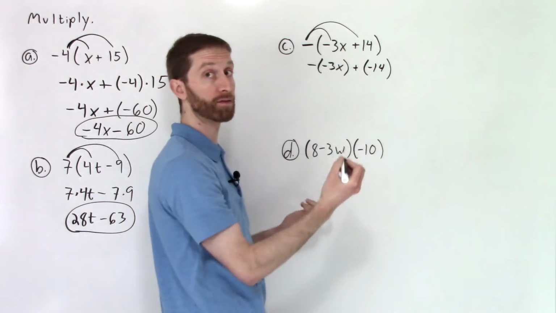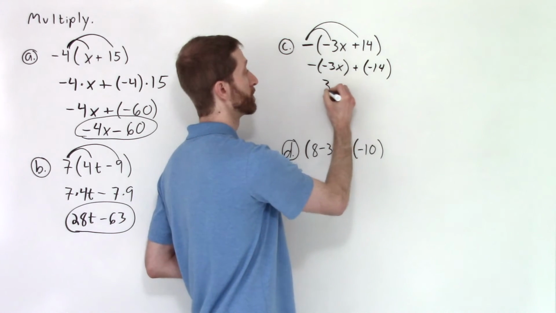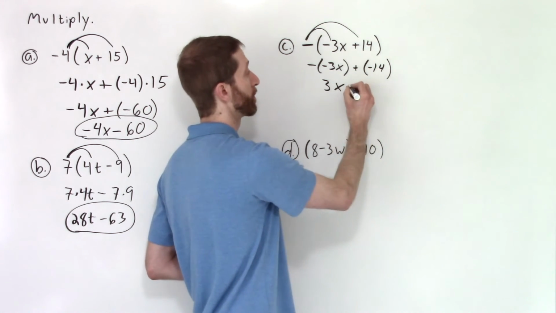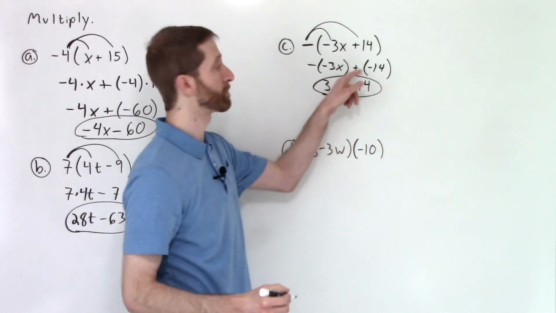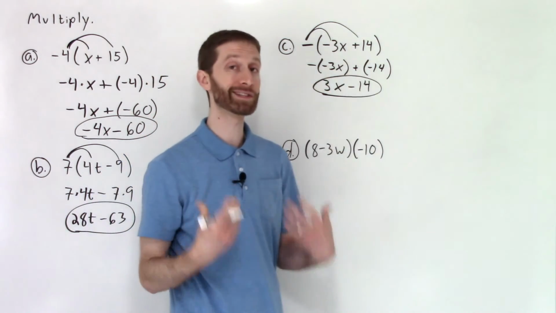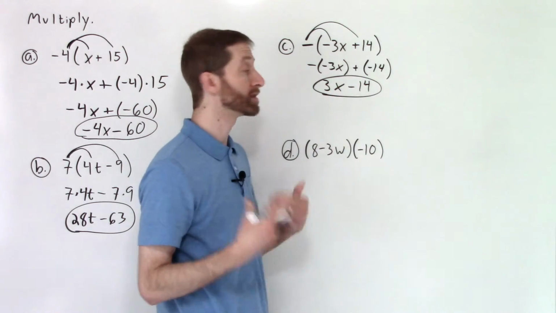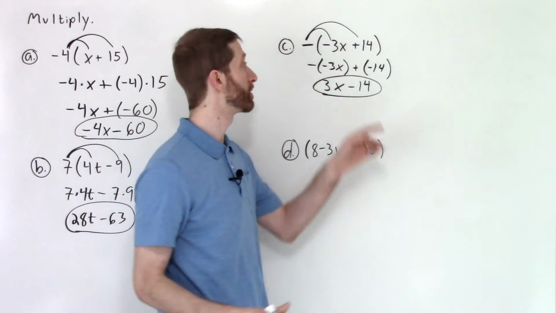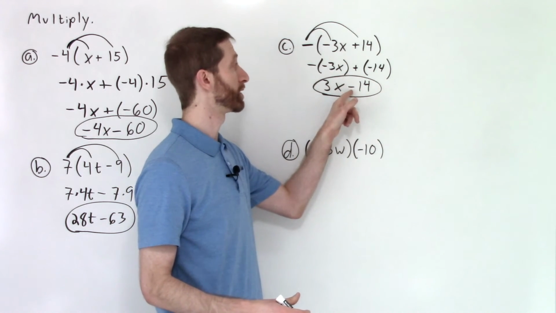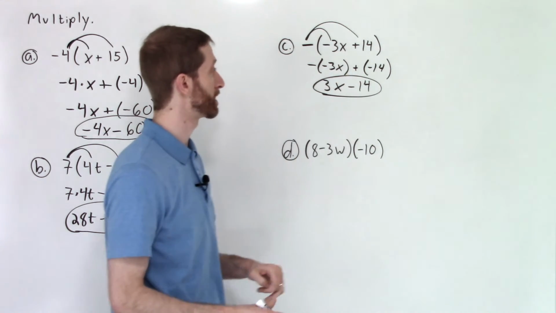The opposite of -3 is positive 3. So we get 3x plus a -14 is the same as minus 14. The reason why I don't leave this as plus a -14 is I'm all about simplifying, and minus 14 to me, and for a lot of teachers and a lot of students down the road, is much simpler of an expression to deal with than that expression right there.